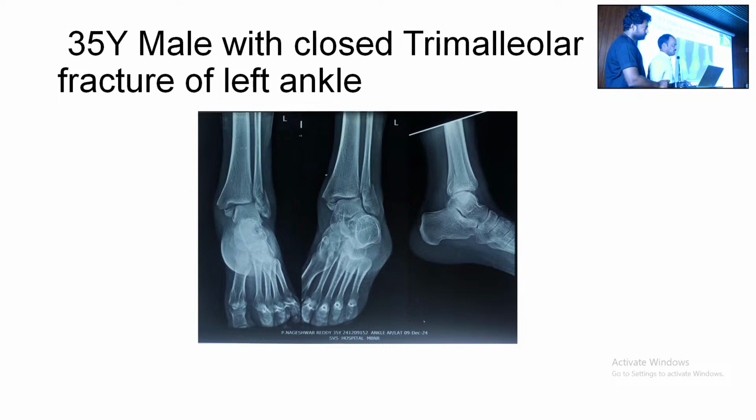Old people, sir. A vertical compression force will cause pilon, like a fall from a height landing on the heel. These are all rotational injuries. Rotational injuries do not cause pilon fractures.